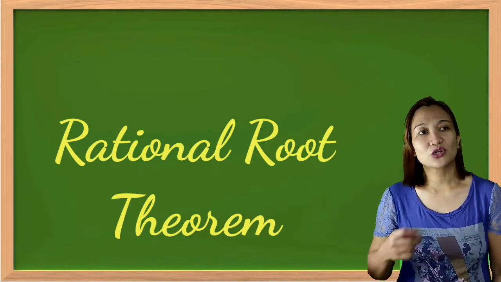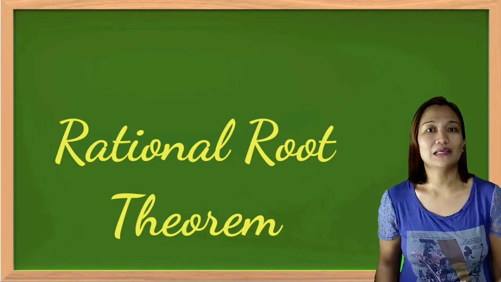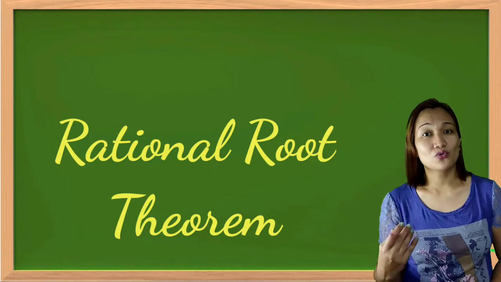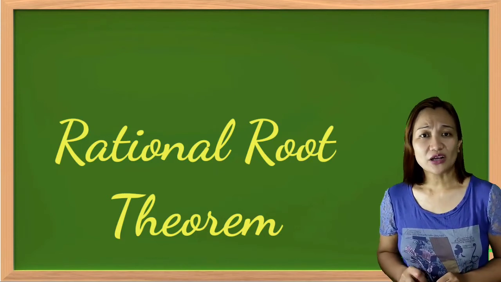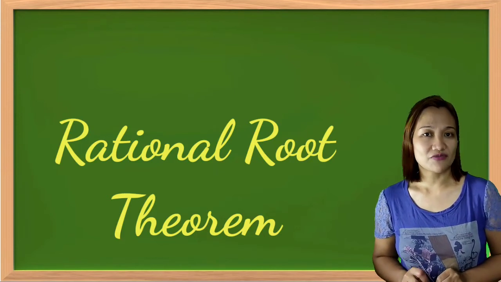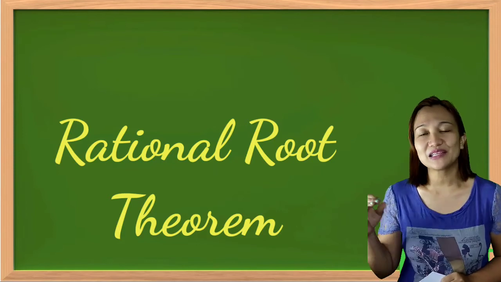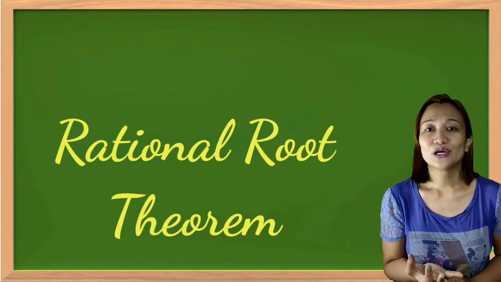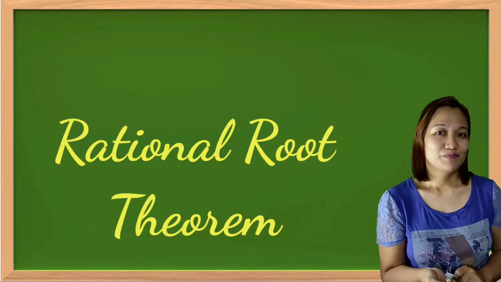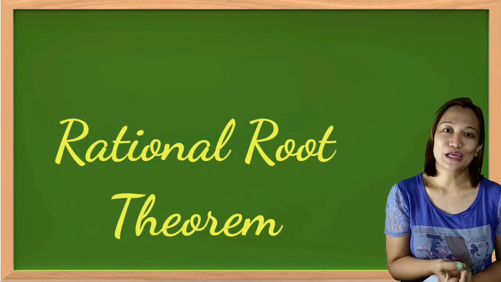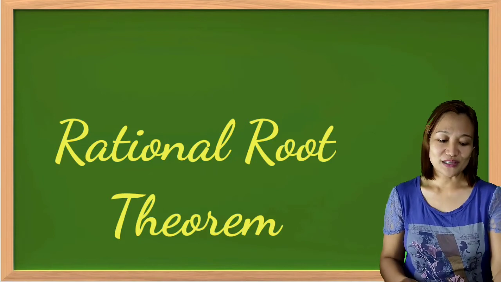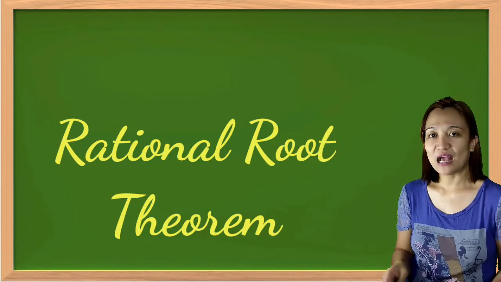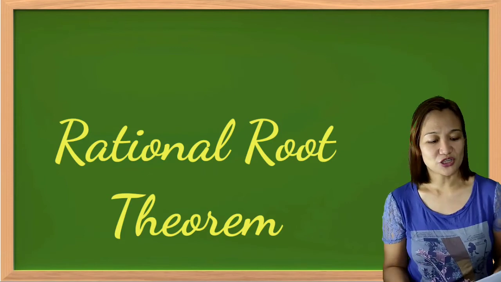Because when we are factoring completely a polynomial, it is important that we know the possible factors or roots of a given polynomial. Kasi pag hindi naging zero ang remainder, then we will try another one. Pag hindi pa rin naging zero, then we will try another one. Okay? Yan po kasi yung concept ng factor quantity, the polynomial factor.